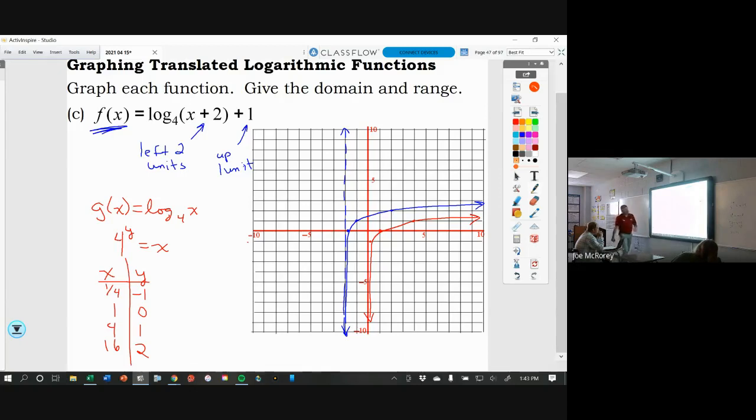So our domain now is -2 to infinity, and the range is negative infinity to infinity. And that's graphing logarithmic functions.